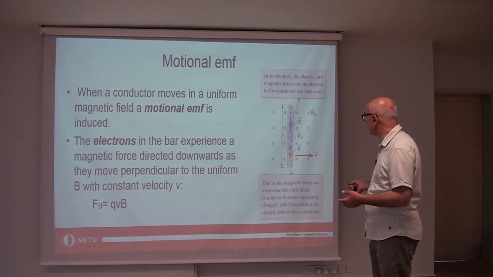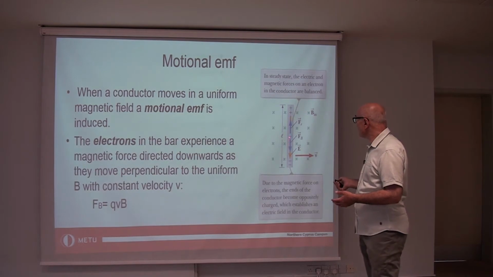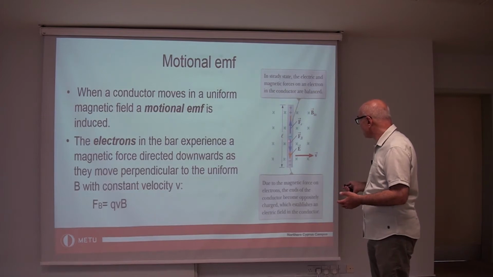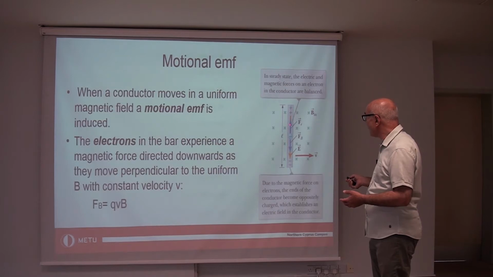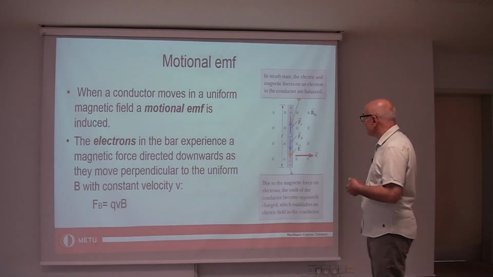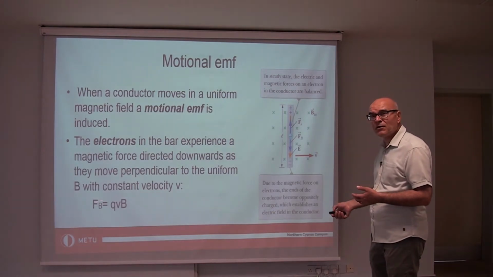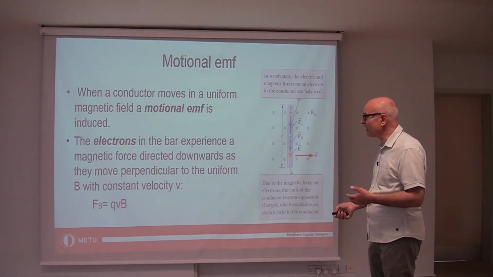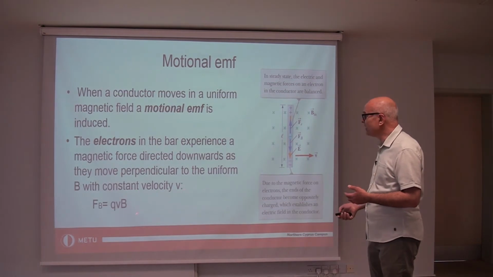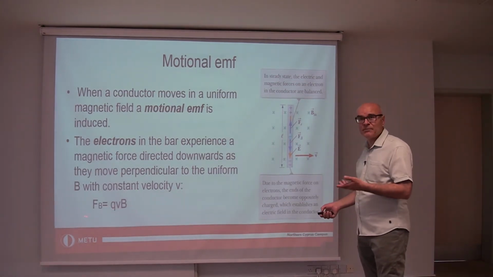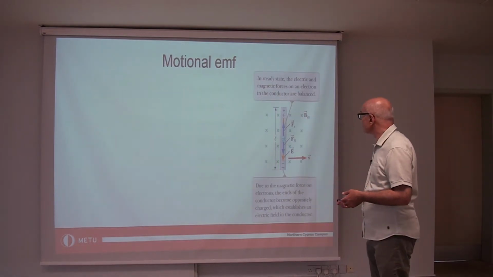So the electrons start to get drifted downwards as this moves on with this constant speed, leaving upwards a positive charge. Now this is of course the force that is acting on them, because the angle between v and B is pi over 2. So qvB sine pi over 2 is just qvB.